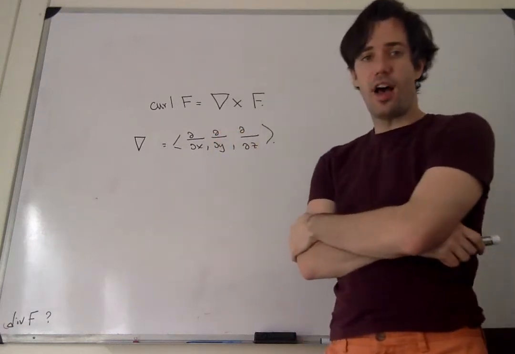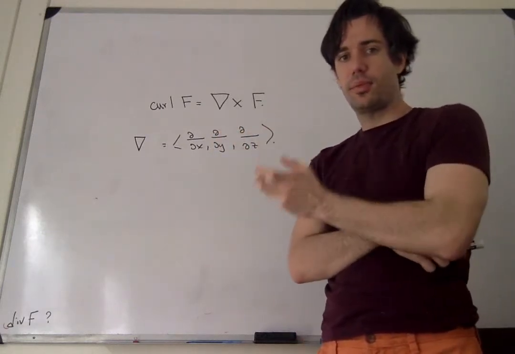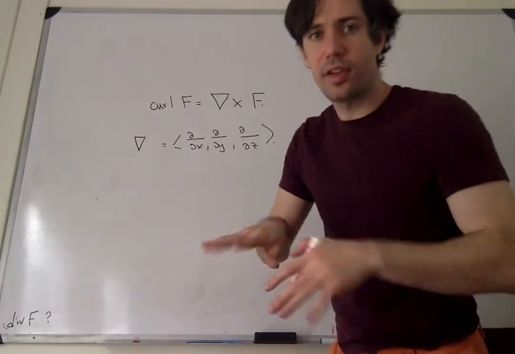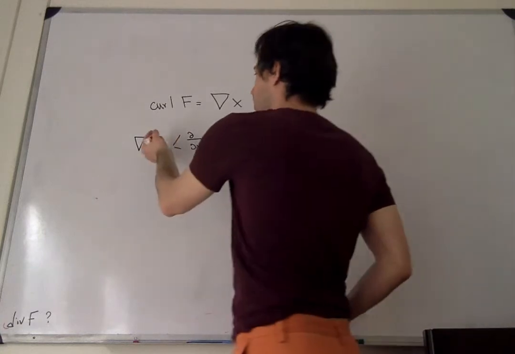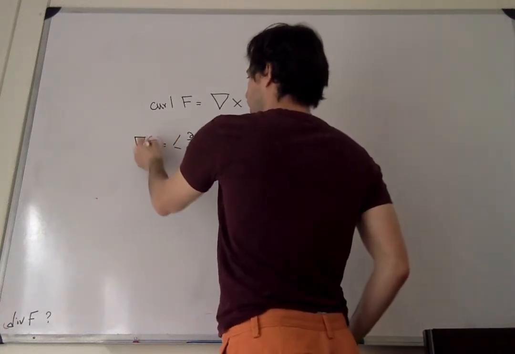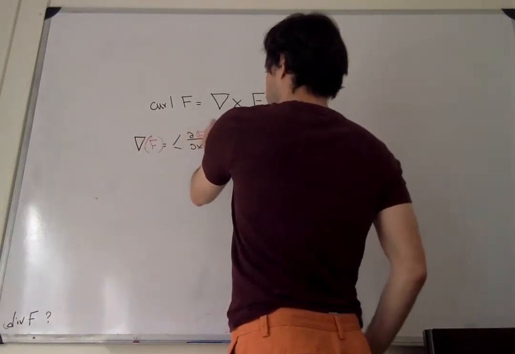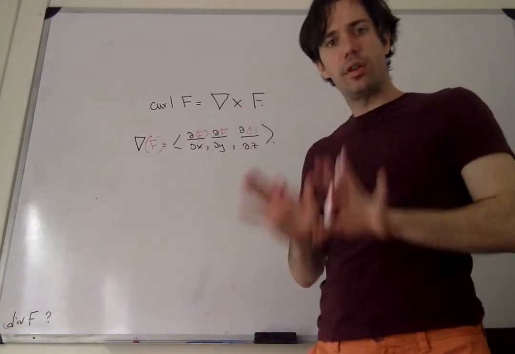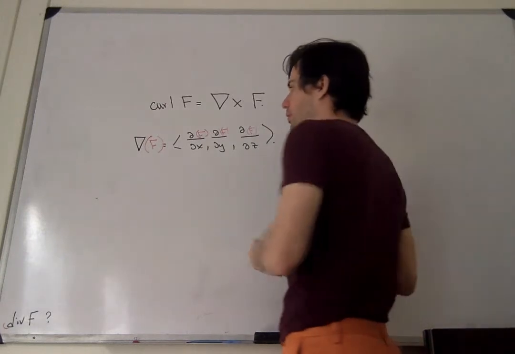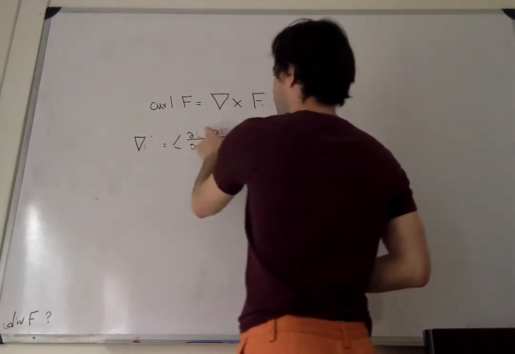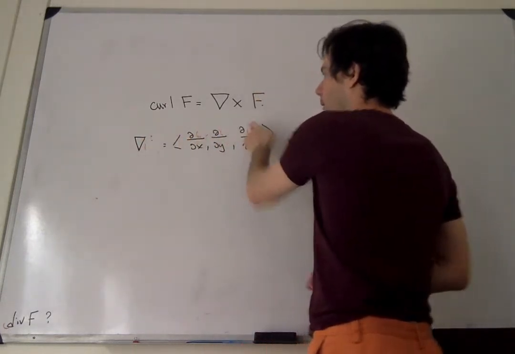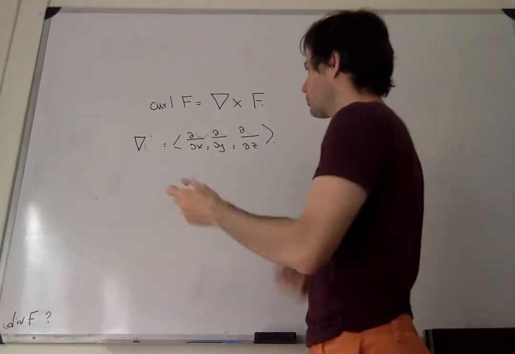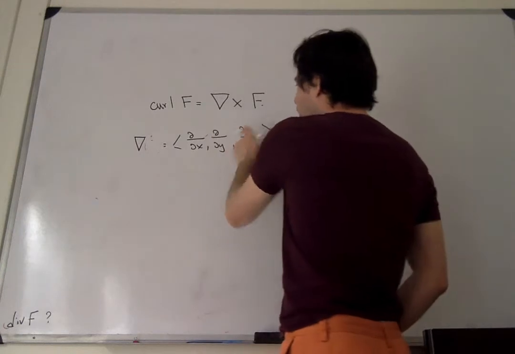I can just think of it as an operator, so that if it took something in, it would do that. So in other words, if I were to act on something else, I could plug it in. But we could just ignore the red part. So I'm going to erase it. And this red pen is pretty light, so you may not even see it. So that's good. Okay, so these are operators.